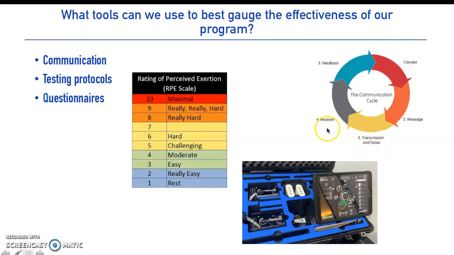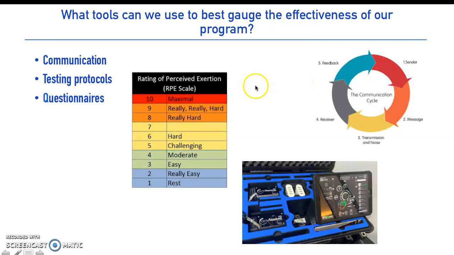You as a receiver need to receive the message and understand it, and then from there you give feedback to me. That is how the communication cycle works. To me that is probably the best one there is. It's extremely effective.